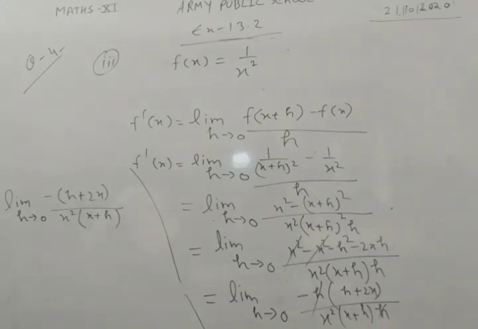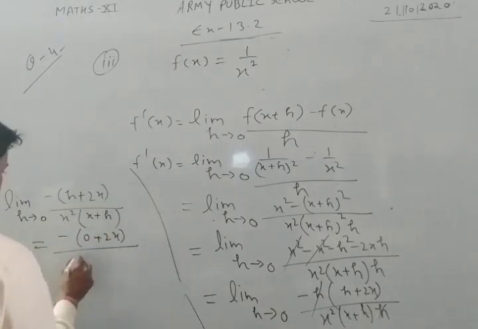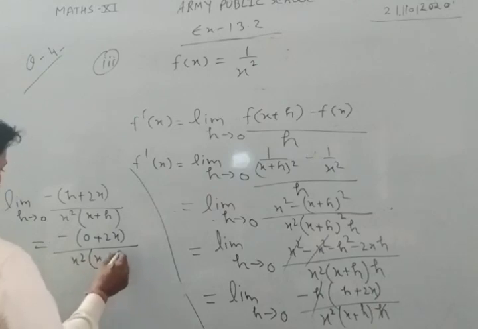Our result is, now put the limit: minus (0 plus 2x) divided by x square (x plus 0) square.